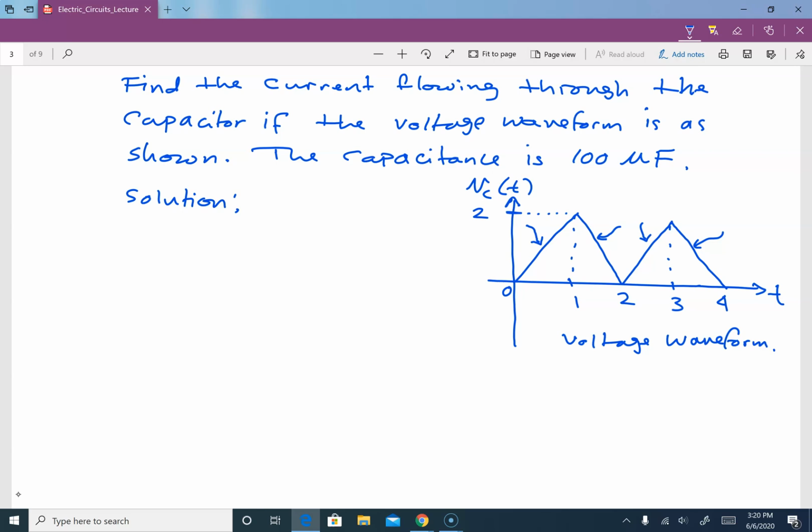So as you know, this is starting from 0. So for this portion, to find the equation for this line, that will be rise over run. So we can say V is equal to 2t, and that is t greater than 0 and less than 1.